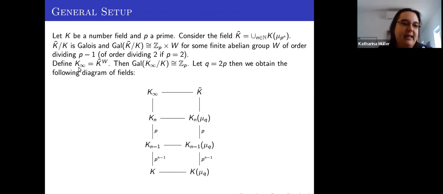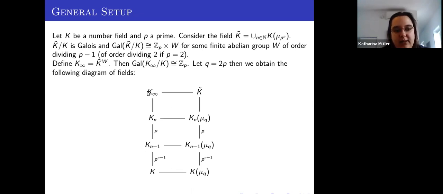And I can define K infinity to be the fixed field of K tilde under this W. Then by the main theorem of Galois theory, the Galois group of K infinity over K will be isomorphic to the p-adic integers. If I define q to be 2 times p, then we obtain the following diagram of fields. Downstairs I have my field K that I started with, and I have K adjoin μ_q. This is a finite abelian extension, and its Galois group will be isomorphic to this W above.